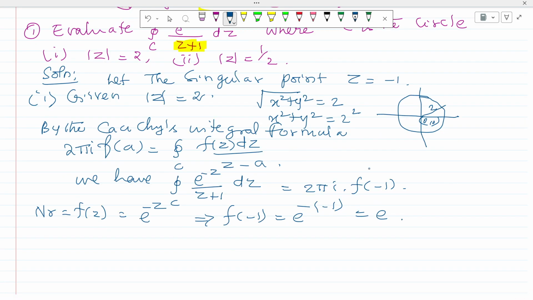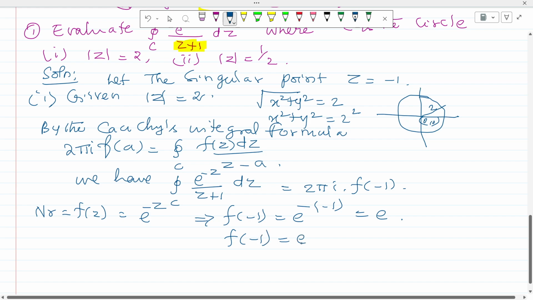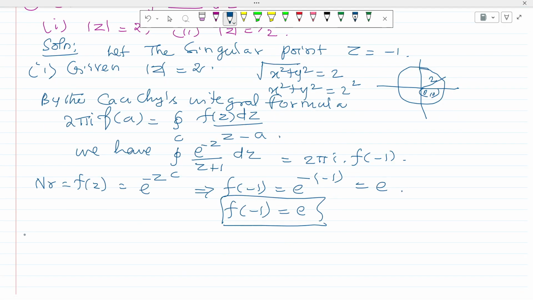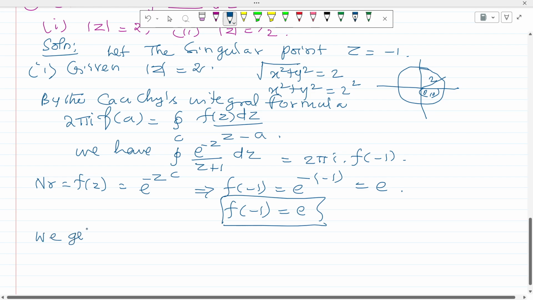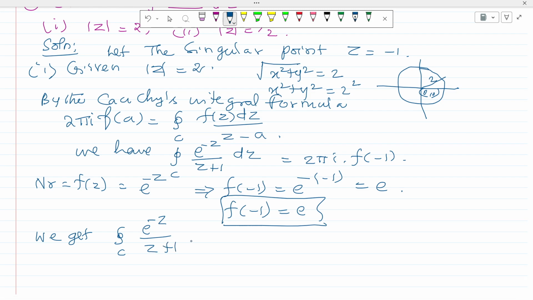So f of minus 1 is e. Substituting f of minus 1 in the equation, the integral over C of e power minus z divided by z plus 1 dz equals 2 pi i into e.